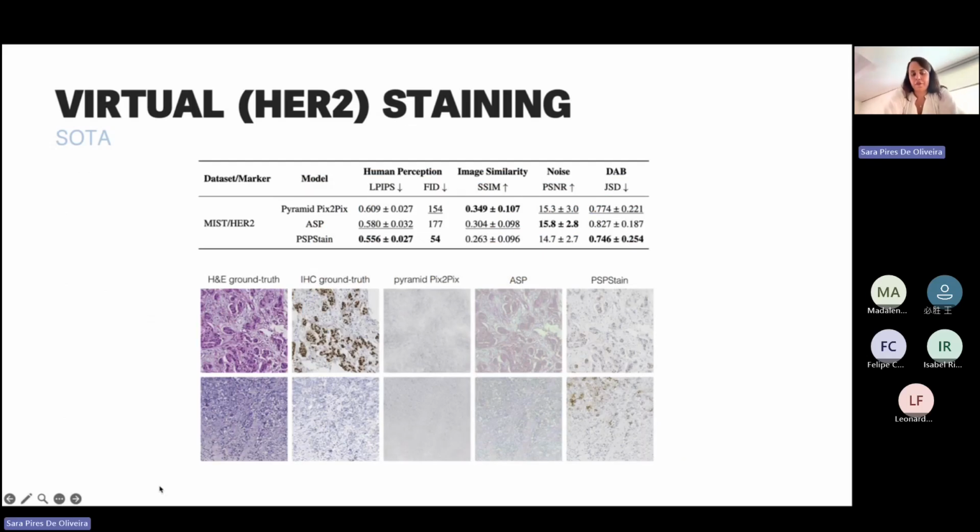And as a first step, before delving into some model development, we just evaluated these three models. And we use not only the standard metrics that are usually used for image evaluation, that is the SSIM or the PSNR, but we also use other metrics that are a bit more aligned with how we perceive the images. That is the LPIPS or FID.